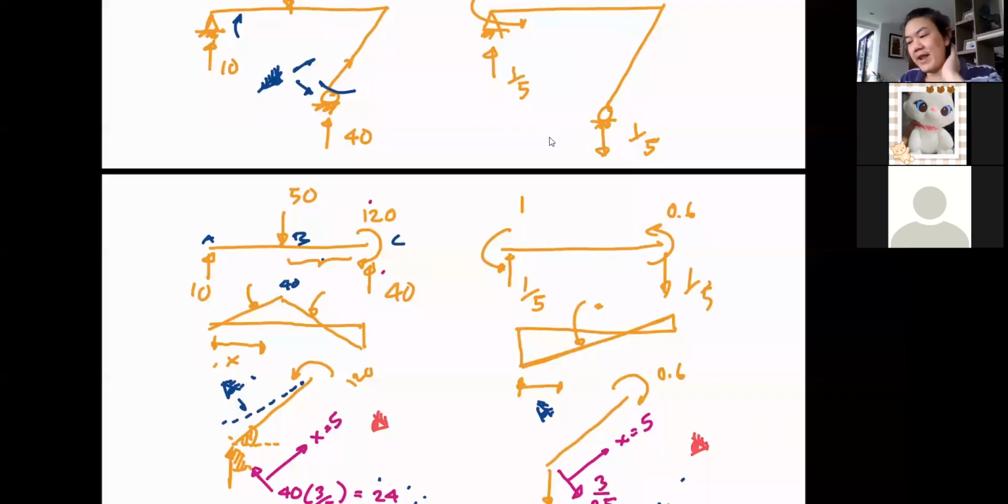If I had completed it, you would have seen that it's not a good choice to start from right to left, because now you would have both the constant moment and the shear. Here you would have the constant moment and the shear as well. So you give yourself an extra term in your moment equation, and then another extra term there. When you multiply, you get a few more terms in your integrals.